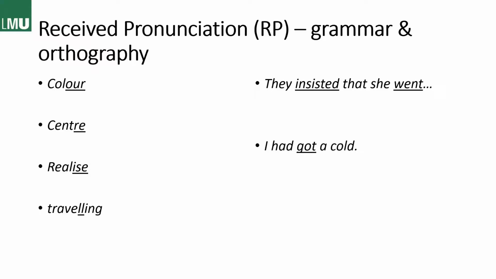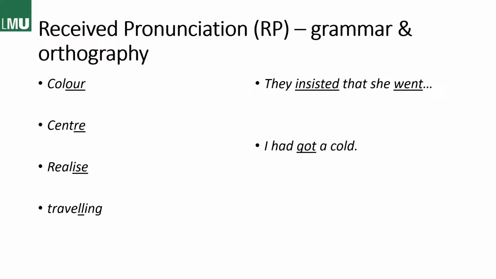When you write words ending in ize, like realize, idealize, anything like that, you write with the ize with an S. And when you have words like traveling, you write them with two L's. Or also fulfill, that should be with two L's in both positions. Again, I don't write like that, so sorry for my bad RP.